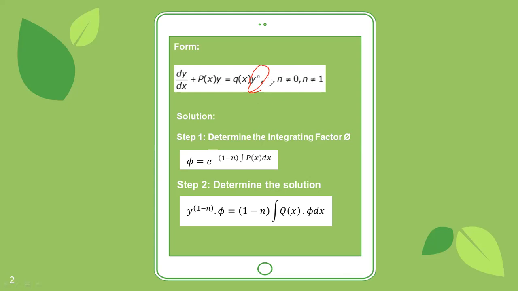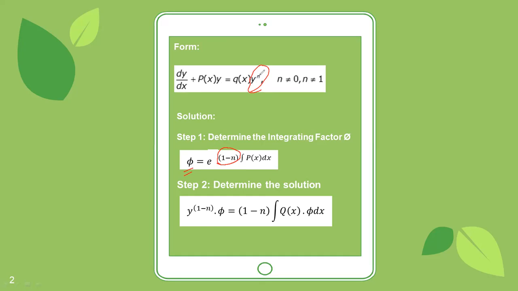If it's a Bernoulli equation, processing it is actually very similar or comparable to that of linear. The difference in determining the integrating factor for a Bernoulli's equation is this one. That's the only difference.